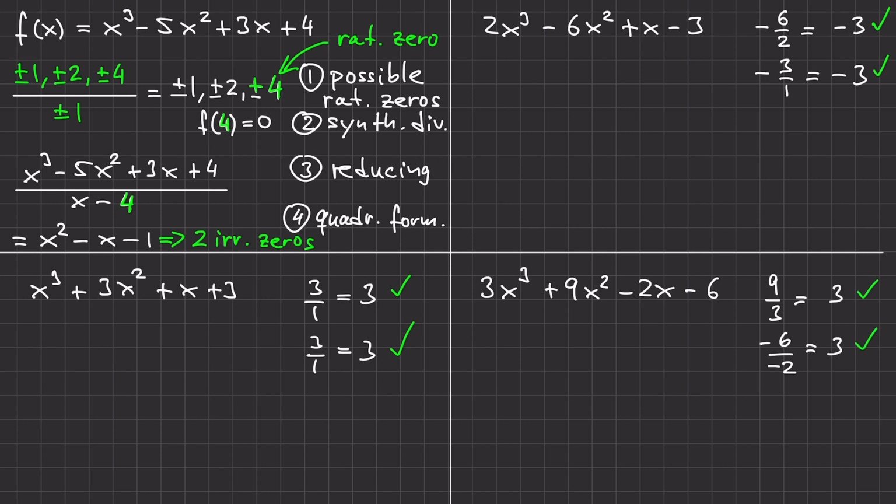Now, how can we factor by grouping? We factor like we do with regular factoring, but it's like we have 2 different problems. We factor the first group, which is x cubed plus 3x squared, and we factor the second group, which is x plus 3, separately.